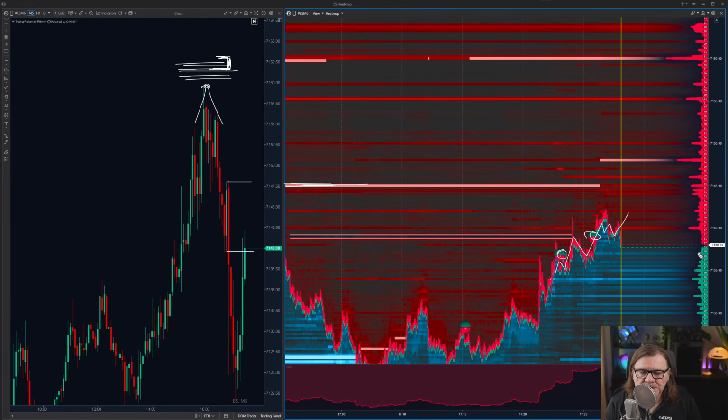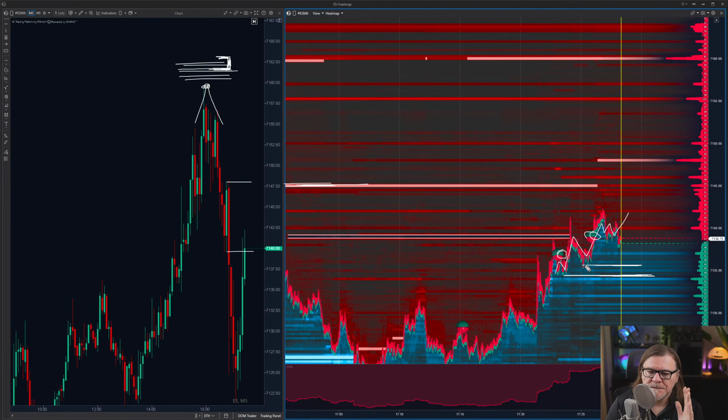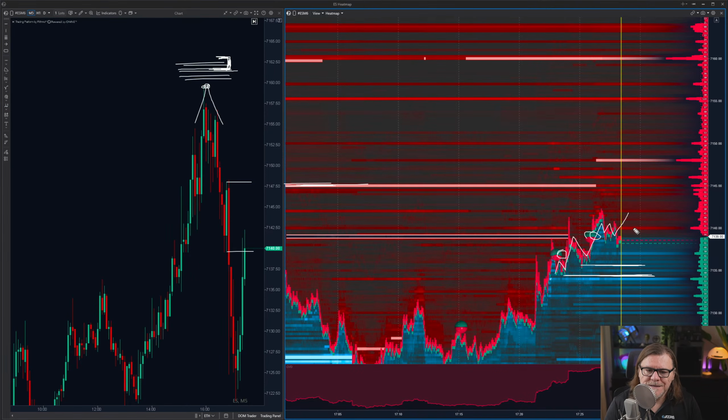Was I wrong? It's not a correct question. I told you that I'm drawing a line here and I'm waiting for the breakout of this line. It did not happen. So I wouldn't have been in a short position because no breakout. We are going higher and higher.